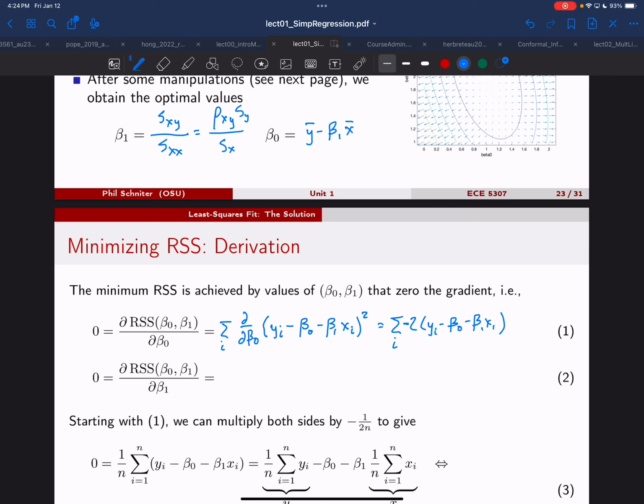Okay, let's do this again. The next one, we have the derivative with respect to beta 1. We have the same quantity here. Let me ask one of you. Is Alec Robertson here?